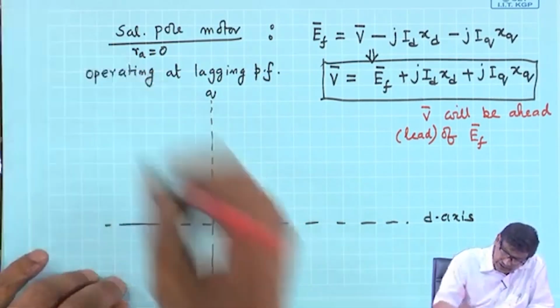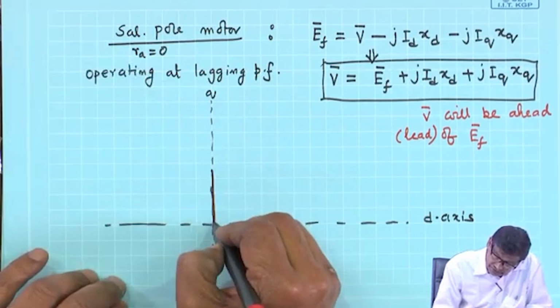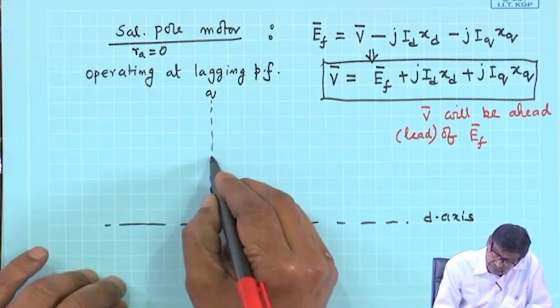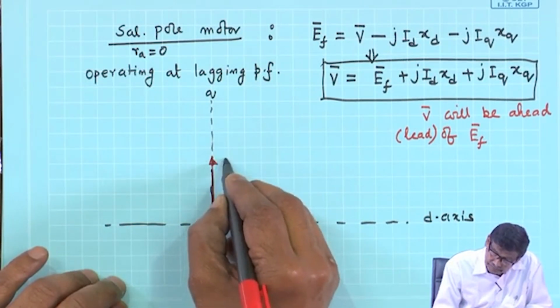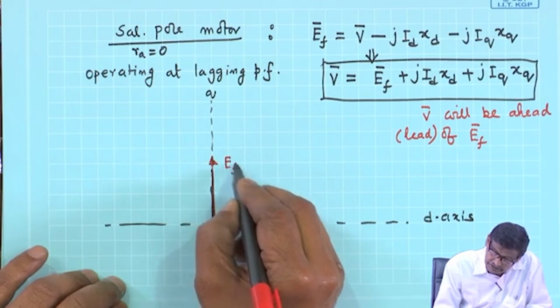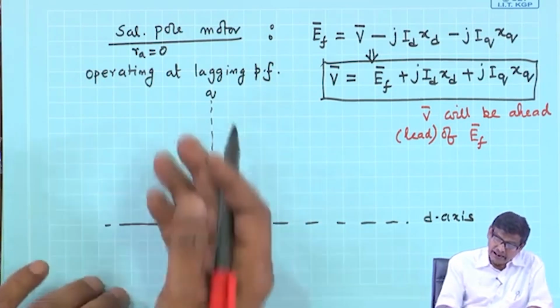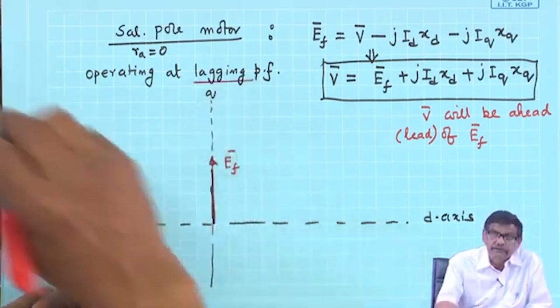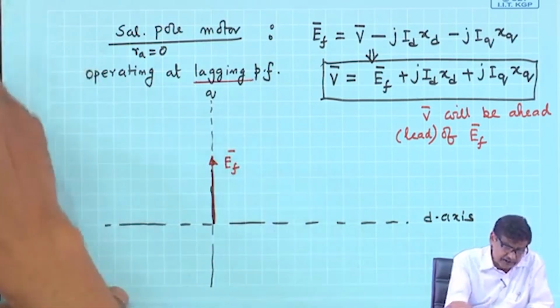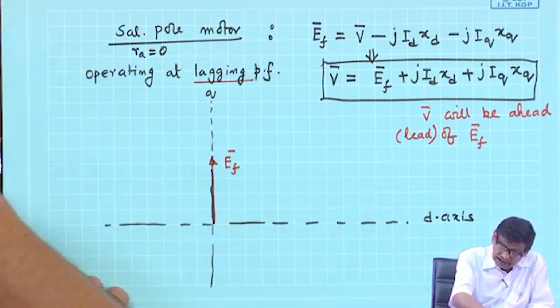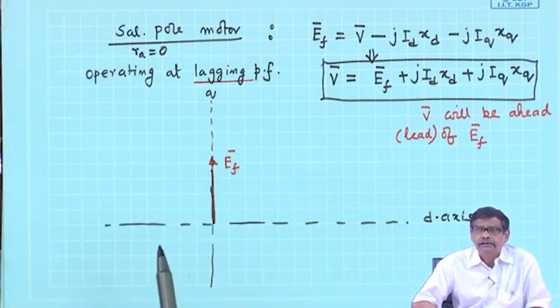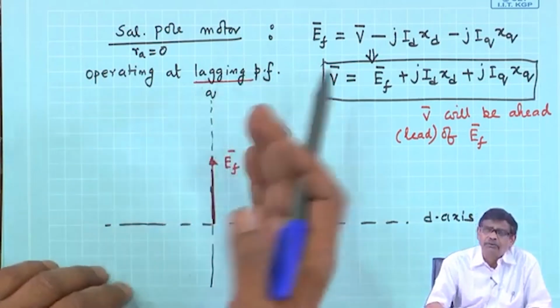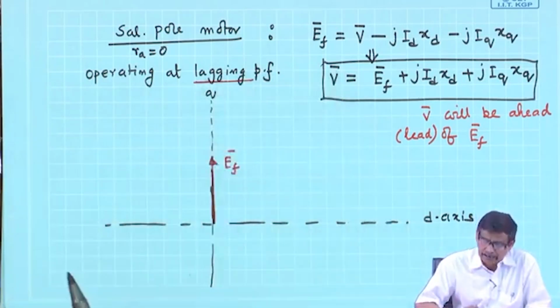I will draw it like this. I have told you that it is lagging power factor. Lagging power factor means the current will be lagging both the terminal voltage as well as EF by some angle.